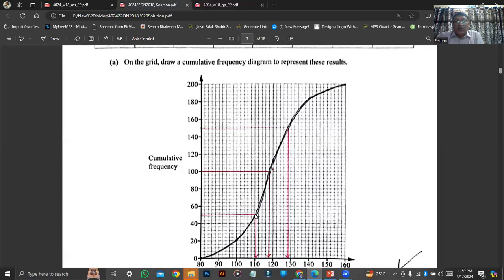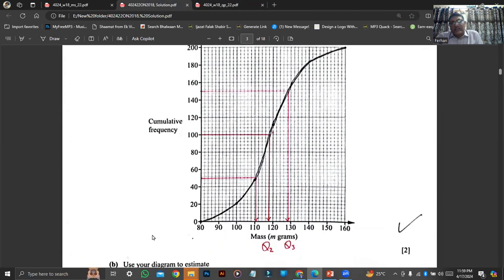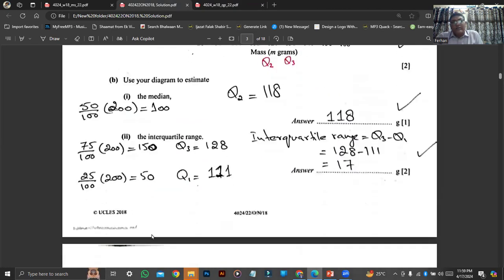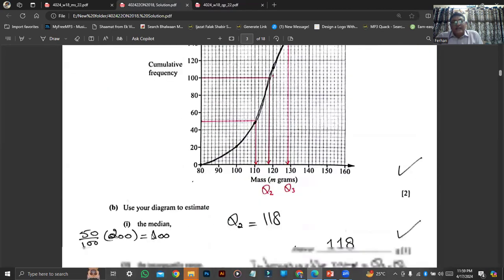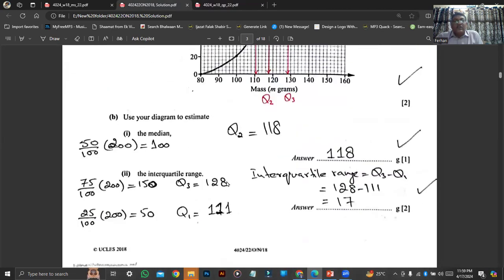From there, I will go to the cumulative frequency curve, and where it intersects, I will go to the x-axis and check the value below. That is approximately 110 or maybe 111.